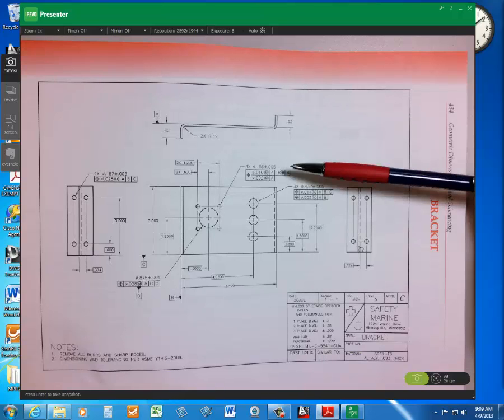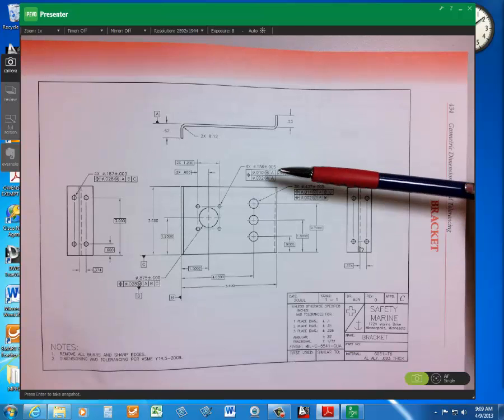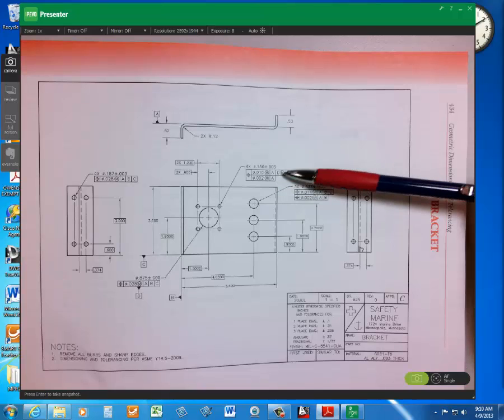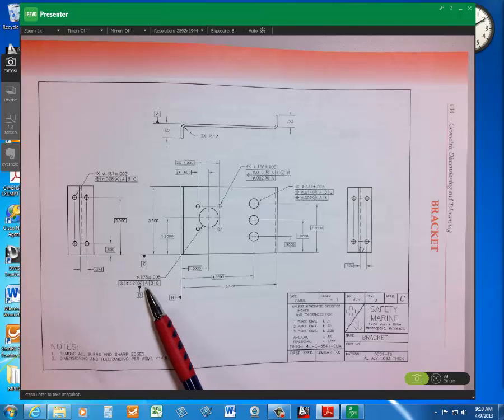Okay, so even though the circle M is not next to A, they're relative to datum A, comma, and datum D at MMB, circle M, and datum B. So it's related to A, D, and B, and D is at maximum material boundary. So D, remember, is a diameter.